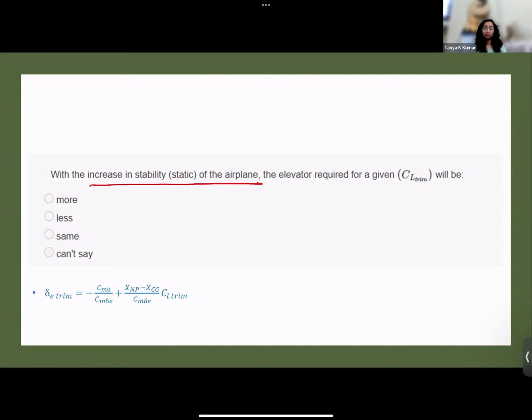When I say increase in stability, from this equation, what term will change? Shreya says more. Can somebody else also try to answer this? When they say increase in static stability of the aircraft, what term in the equation changes? Our CM equation is CM naught plus dCM by d alpha into alpha. And what did I say the stability was depending on, CM naught or dCM upon d alpha?